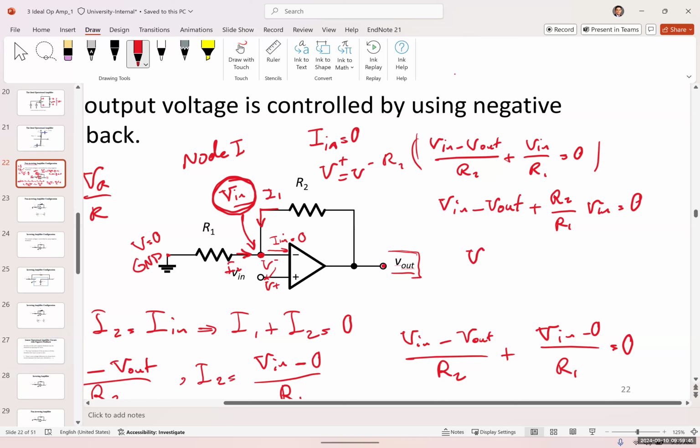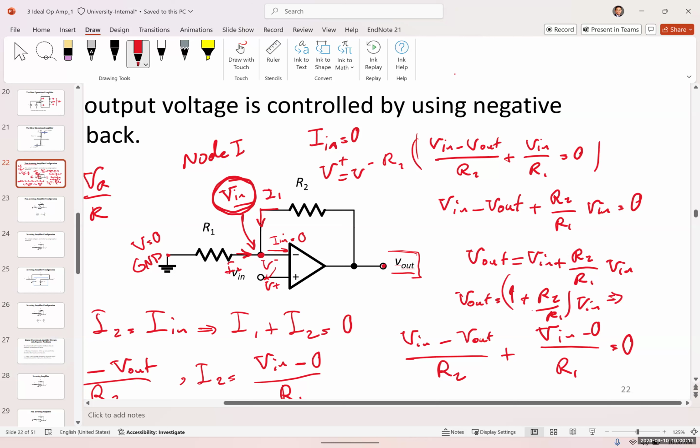In other words, V out would be equal to Vn plus R2 over R1 Vn. Am I correct? Moving V out to the other side. So I'm going to factor out Vn. So V out would be 1 plus R2 over R1 times Vn.